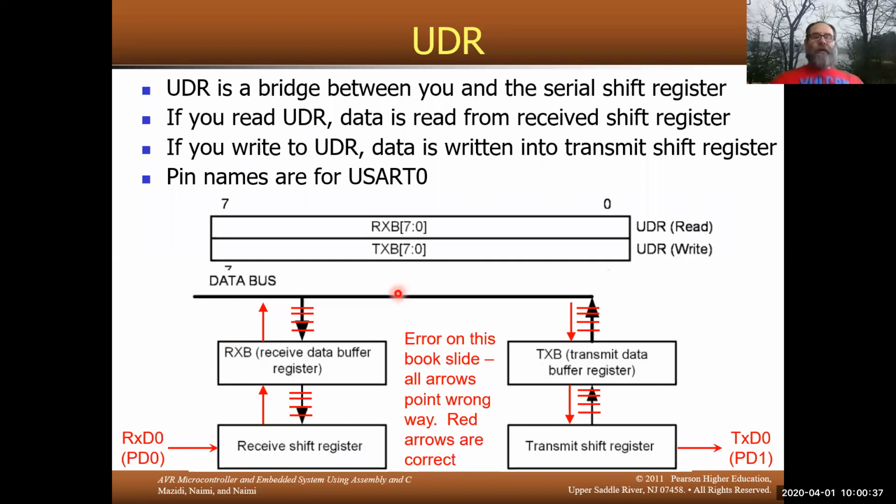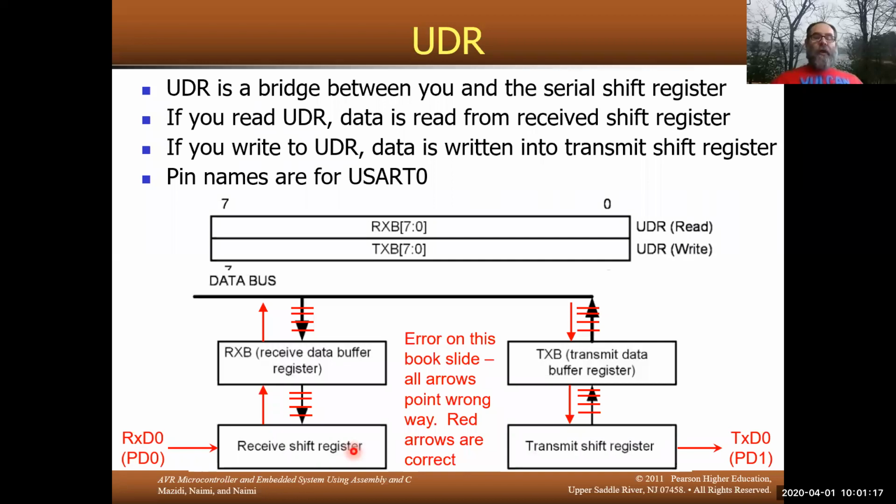Let's say some data is coming in, A, B, C. The first start bit of the A comes in, then the data bits come in, then the stop bit comes in, and there is a character received, the A. As soon as the character is received, it is put into this receive data buffer automatically by the hardware. And then the next character coming in can get shifted into this receive shift register.